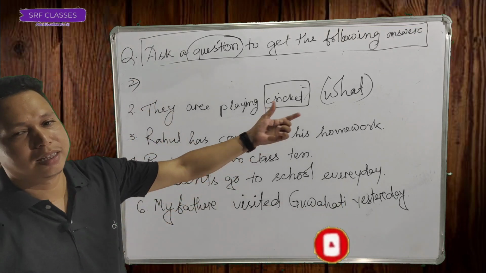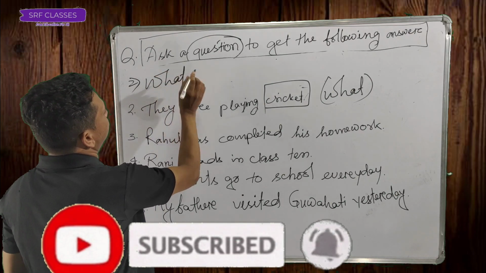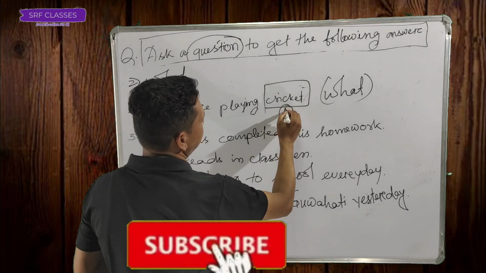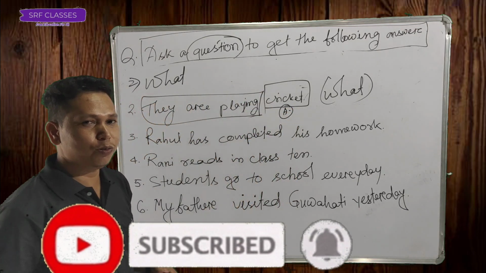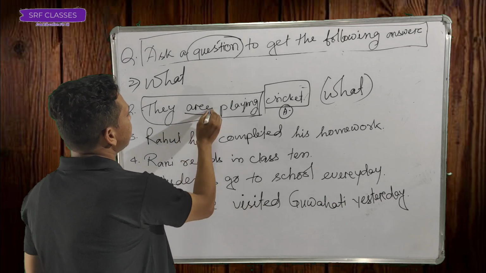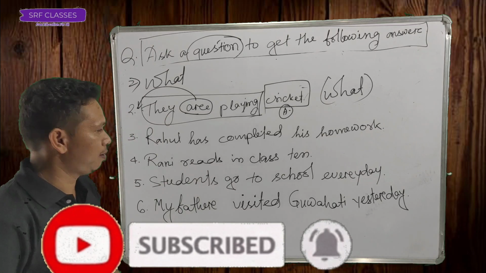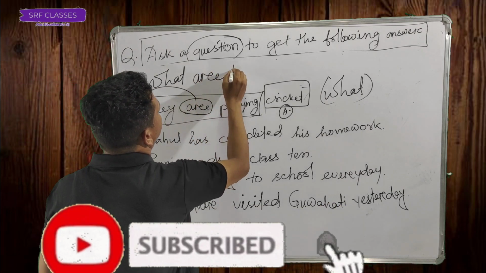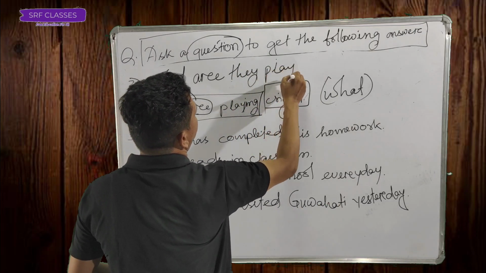So we'll take the question word, which is what, right? Next, since cricket is the answer, so rest other things we will write as it is, but only one change you will have to do, which is the special verb will be before the subject. So that is why we will take are they, rest others are same, playing.